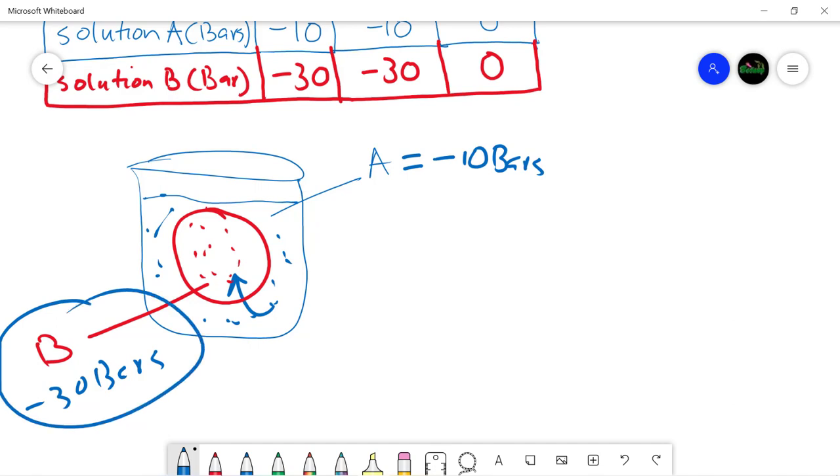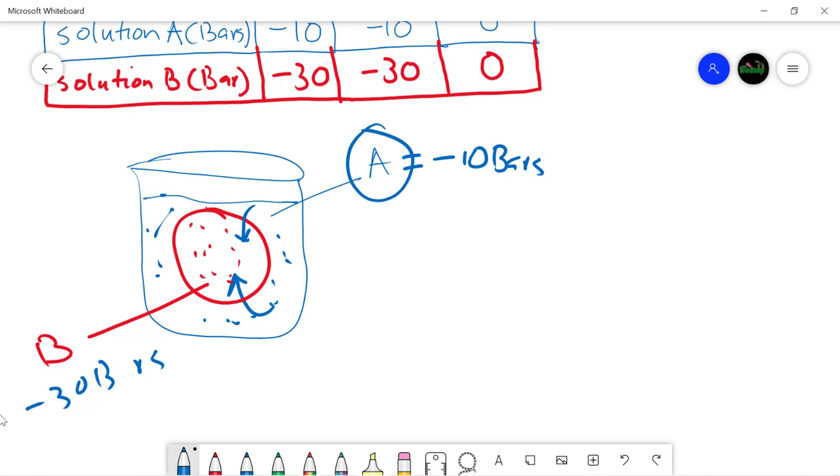So this is solution B, which is hypertonic with respect to solution A, and solution A is hypotonic with respect to solution B. So what will happen is that water will enter solution B from solution A. In other words, the chemical potential of water, the water potential, is greater in solution A as compared to solution B, and water always follows the chemical potential gradient.